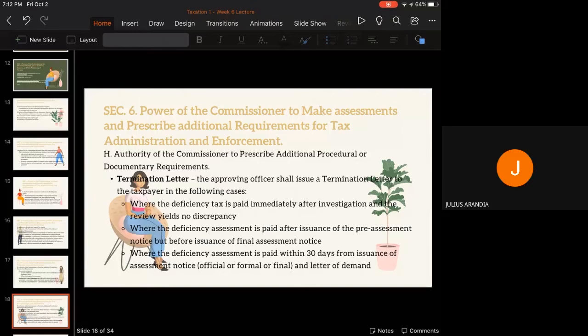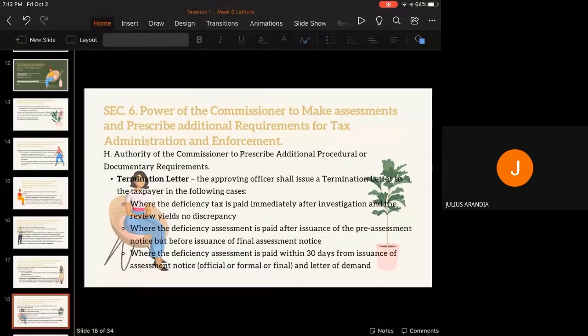So that is when the deficiency tax is paid after investigation and there is no discrepancy, or when the deficiency assessment is paid after the issuance of the pre-assessment notice, and where the deficiency assessment is paid within 30 days from issuance of the final letter of demand.